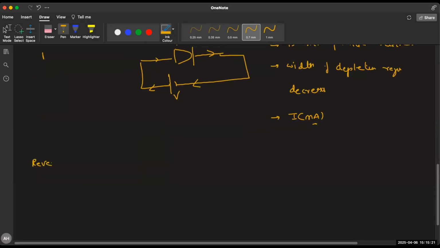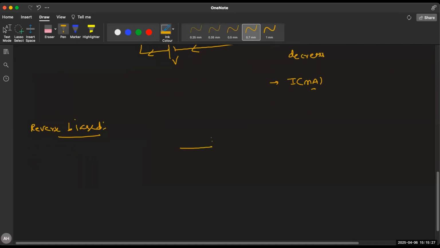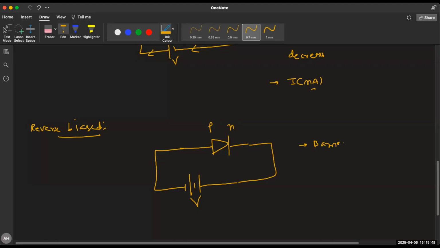And if you make this diode reverse biased, you connect the P side with the negative terminal of the battery and the N side with the positive terminal of the battery. In this case, the barrier potential increases.